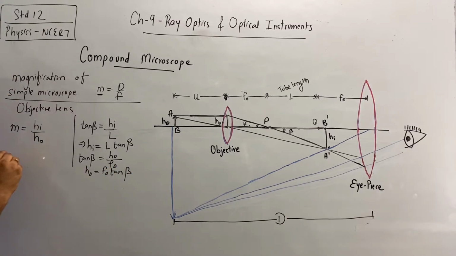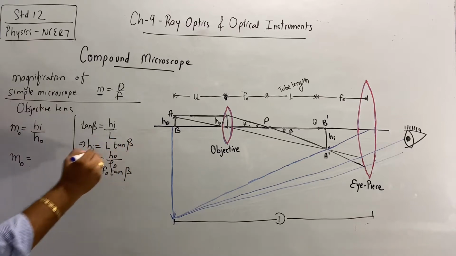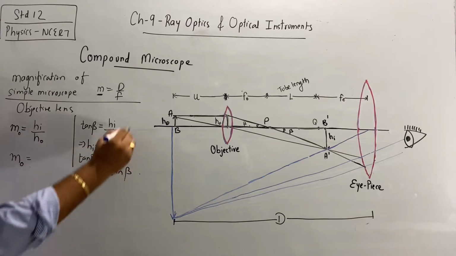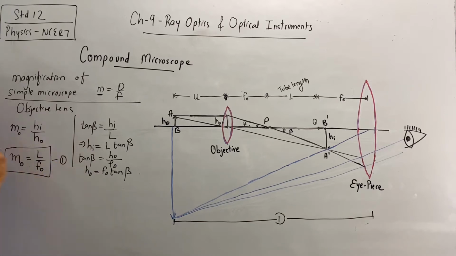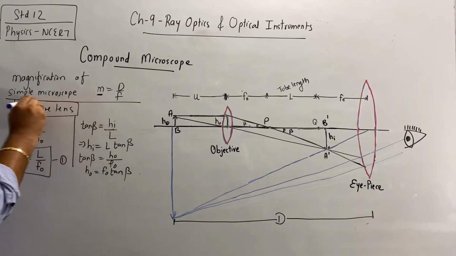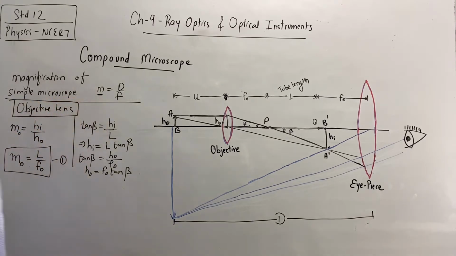So now the magnification of the objective, MO, will be HI, that is L tan beta, upon F0 tan beta. Tan beta gets cancelled, it will be L upon F0. Name this as 1. Magnification of the objective lens. Clear? Now let's take the eyepiece.